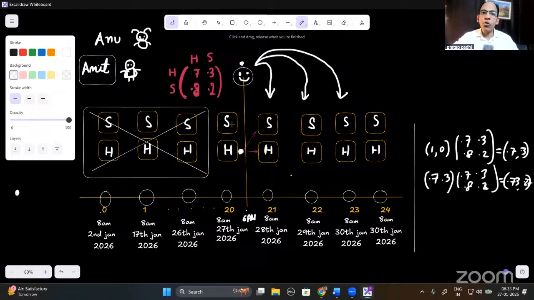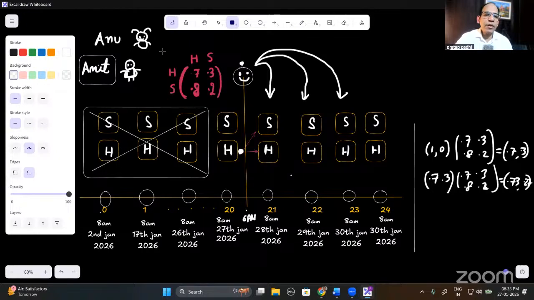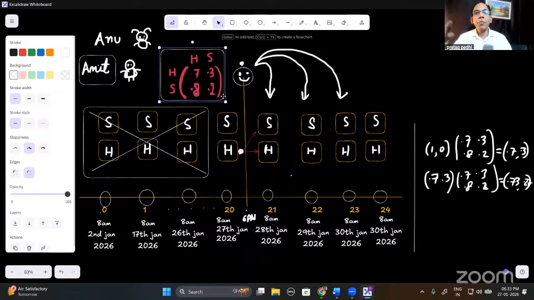Suppose you want to forecast stock price tomorrow, will you use only today's information or you use the past history? Again, coming here, it's not that we are leaving it. Markov says, see, what we did is this transition matrix. How we got this transition matrix? Now we are taking it as a problem.